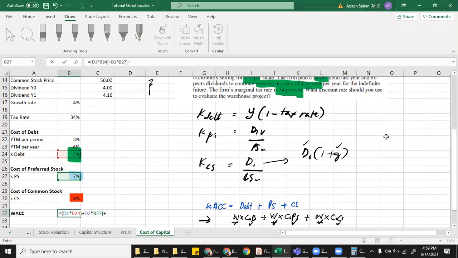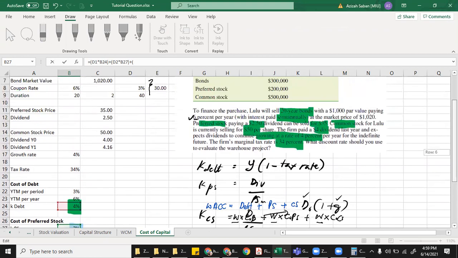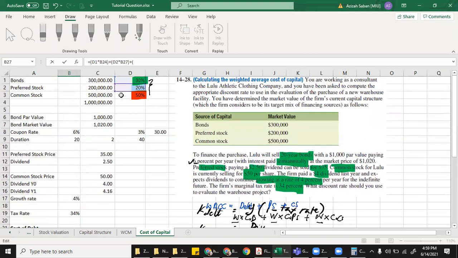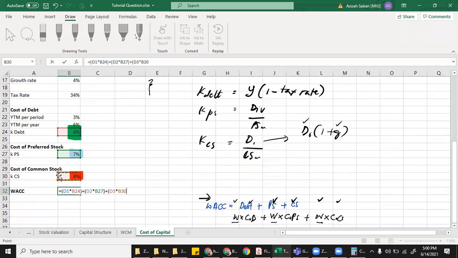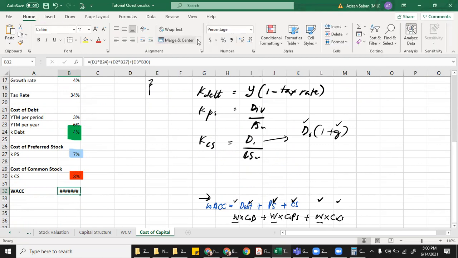Now we go for the red one. Oh, I forgot to open the bracket here. There you go, and open another bracket. Now the red color, multiply by this one and close bracket. Let's see if we can get the answer now. There you go. The total is 7%.